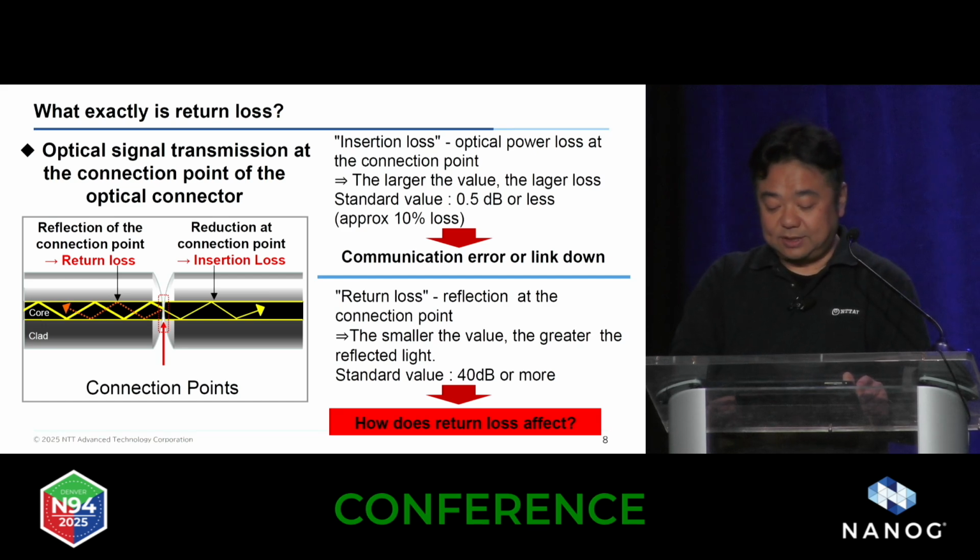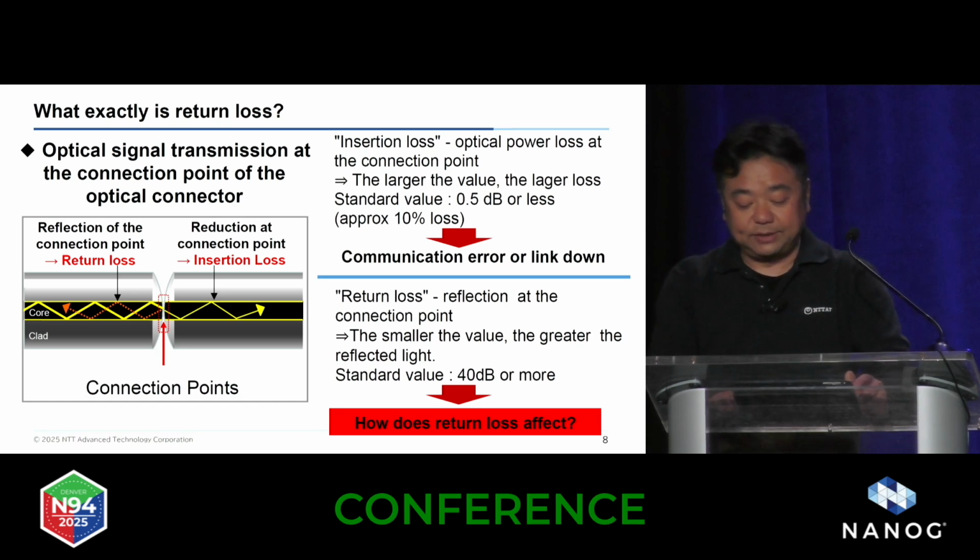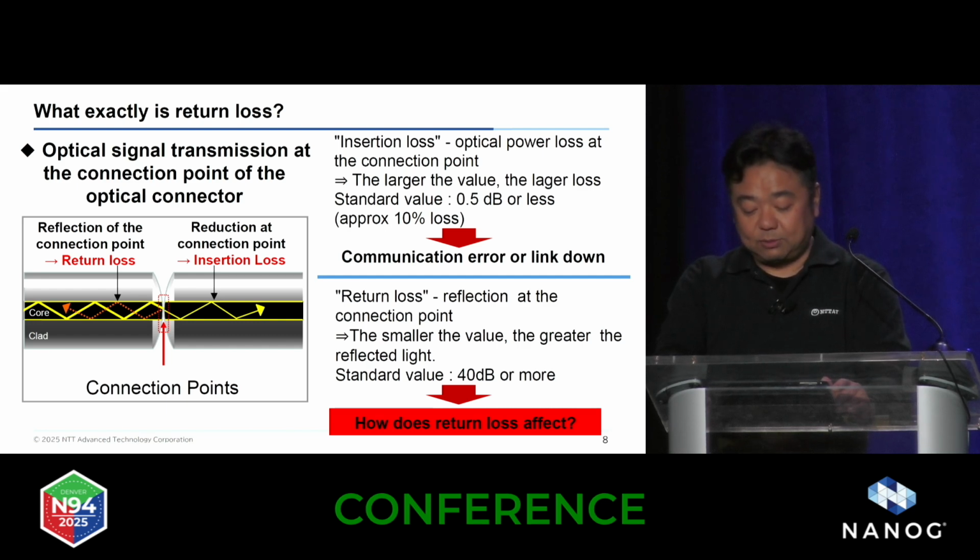If the insertion loss is large enough, the signal is not transmitted to the receiving side, and it causes communication errors or, in the worst case, link down, because the signal does not reach correctly. On the other hand, return loss is the amount of optical power returned to the sender side at the connection point by reflection. It is an unexpected situation and may cause trouble. It is hard to imagine how return loss affects communication quality.